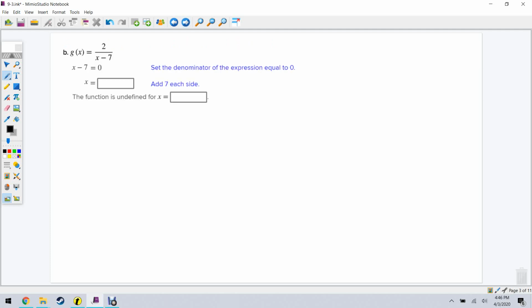Second question, still question 1, guys, on page 467, at the bottom. We did 1a. We said the function is undefined for x equal to 0, or you can say x is other than 0. So question B. Looks like we have another rational function, 2 over x minus 7. As you can tell, x minus 7 is going to be equal to 0.